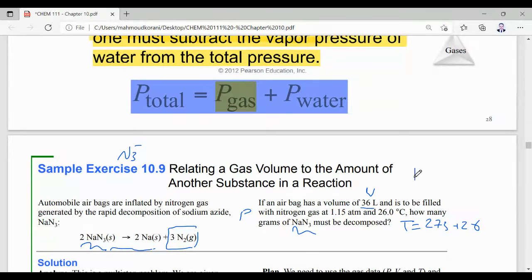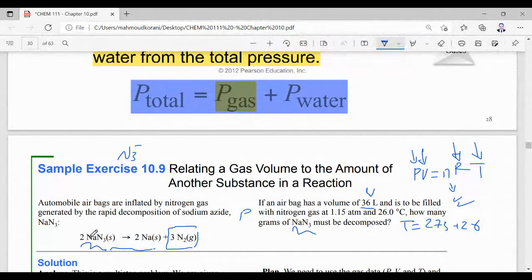Just write the ideal gas law, PV equals nRT, where you have the pressure, volume and temperature, and R is a constant. It should have the value with the same units you are using for the other parameters. So you can calculate the number of moles from here, and from the balanced chemical equation, it's 2 moles of sodium azide.